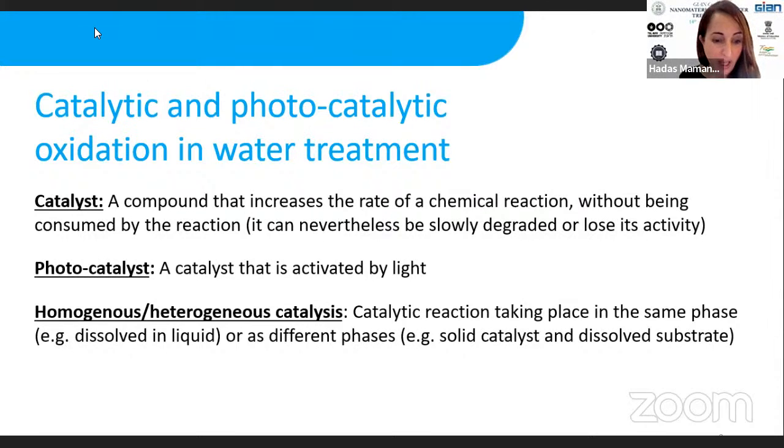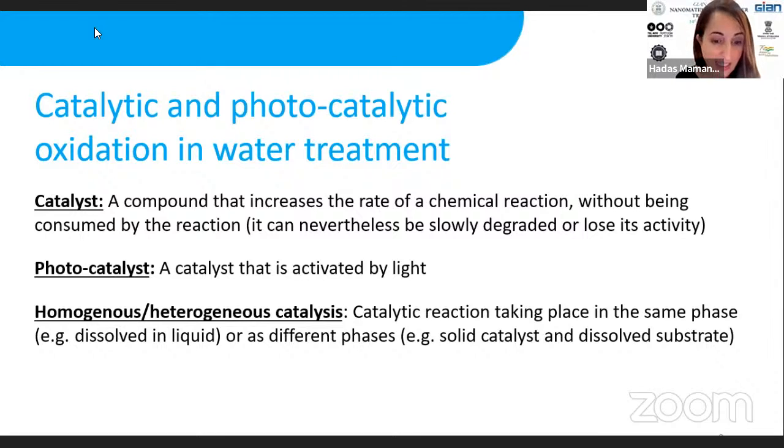Okay, so therefore we can divide AOP to photocatalytic and catalytic processes. Actually, the term photocatalytic is a combination of two words. Photo, which is of course related to photon, and a catalyst, which is a substance that alters the reaction rate upon its presence, but a catalyst is not consumed by itself, okay?